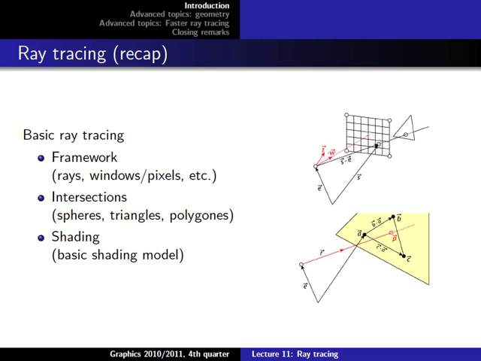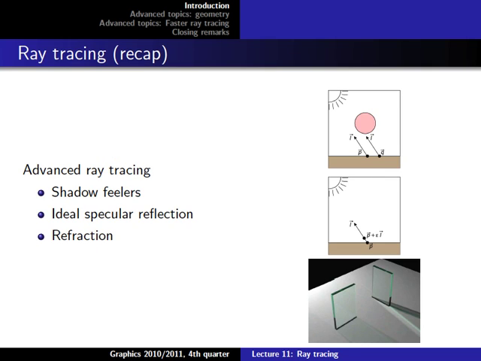I also mentioned only quickly the shading, because we again did this before. And then we talked a little bit about more advanced shading techniques in ray tracing: shadow feelers, ideal specular reflection, and refraction. These are really extensions that make some really nice realistic effects. But the interesting thing was also that they fitted very naturally into this general framework.